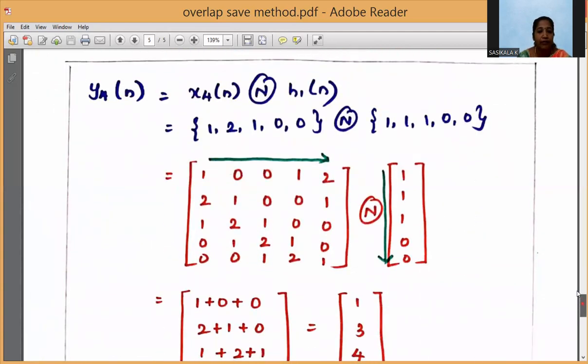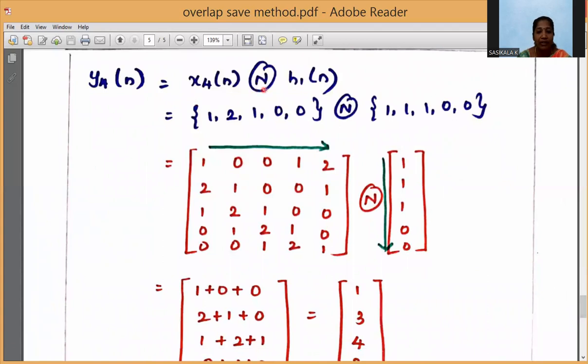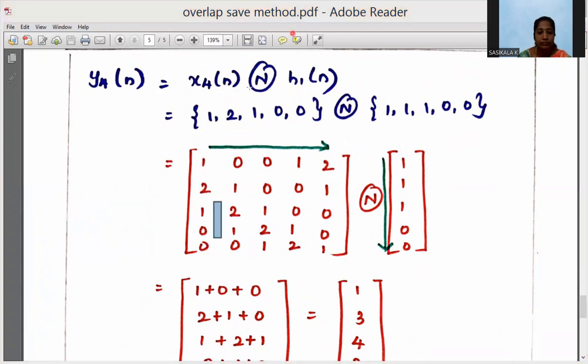And y4 of n is equal to x4 of n circular convolution with h1 of n, which is equal to 1, 2, 1, 0, 0, circular convolution with 1, 1, 1, 0, 0. So we have to write this in column form. So 1, 2, 1, 0, 0. The next one, 0, 1, 2, 1, 0.